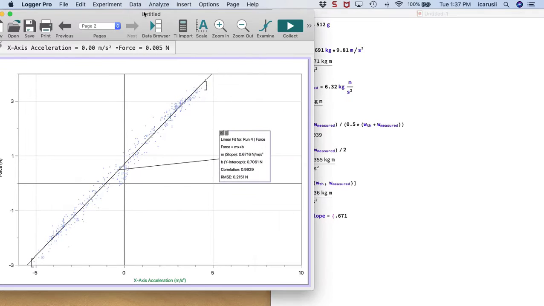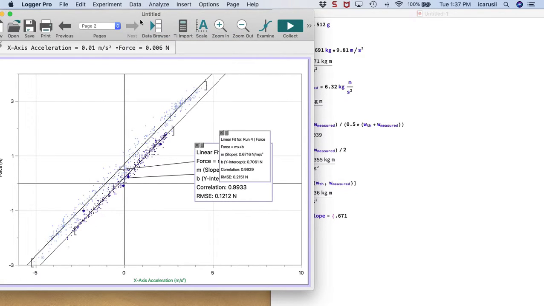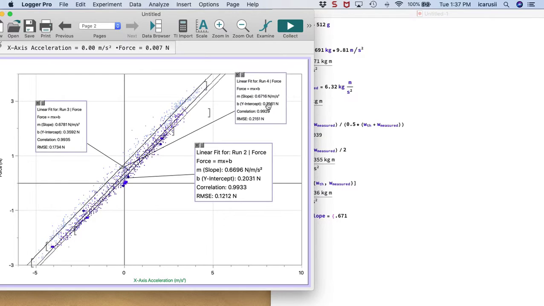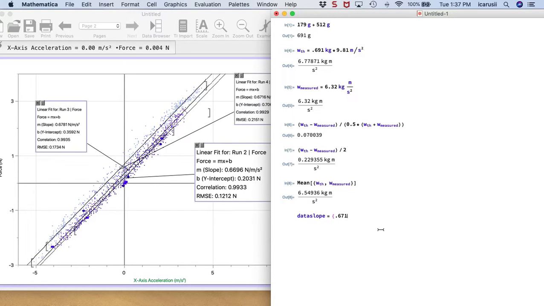And if I look at the other two, so what did I get? 0.671, 0.669, and 0.678. So there's my 3 data points.